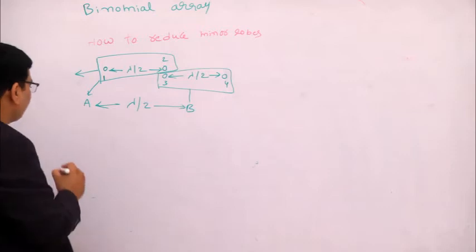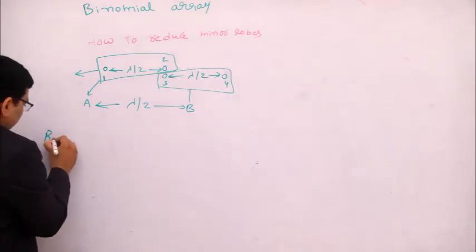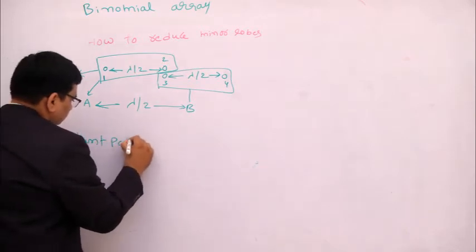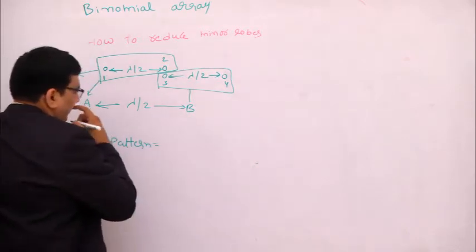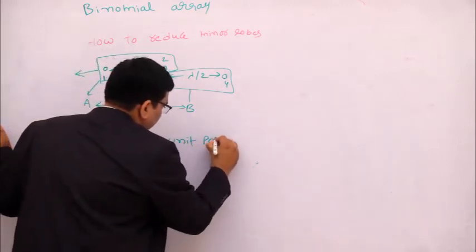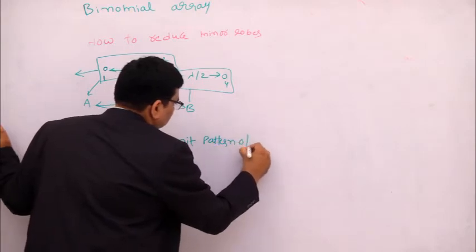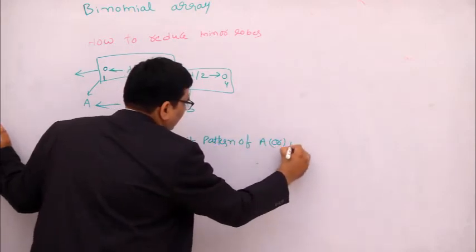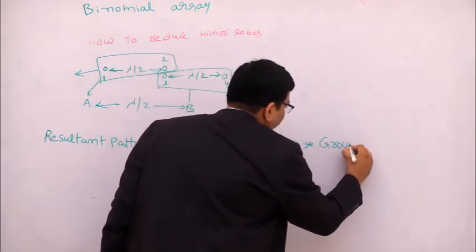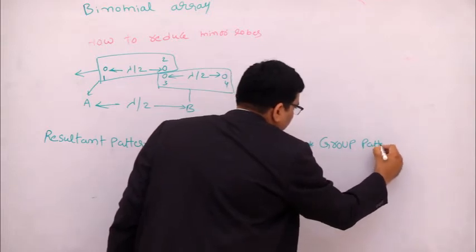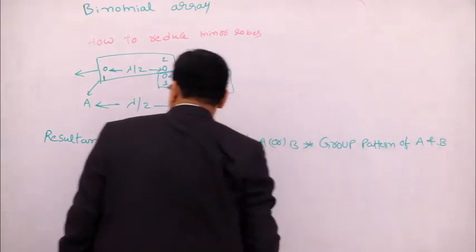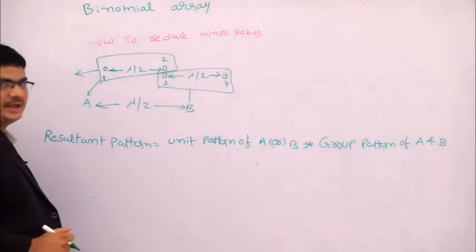So if you want to find the resultant pattern, we have to take the unit pattern of A or B into the group pattern of A and B. So what is the unit pattern of A and B?